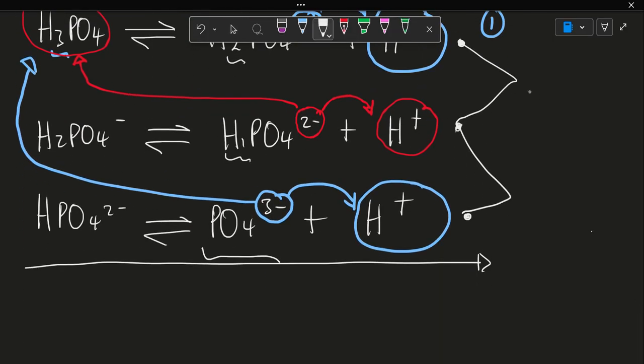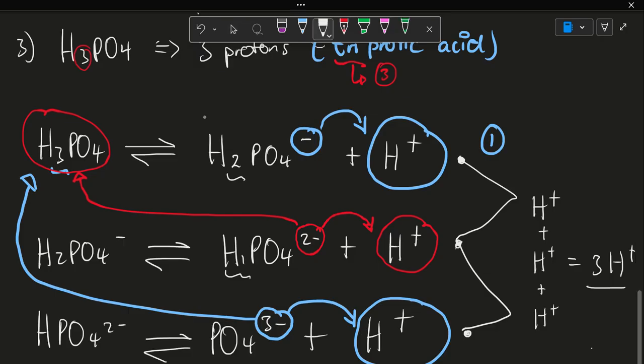I've lost 1 H plus, another H plus, plus another H plus, which gives me 3 H pluses that I've lost. How did we know? We saw that it had 3 hydrogen atoms, meaning it can donate 3 protons.